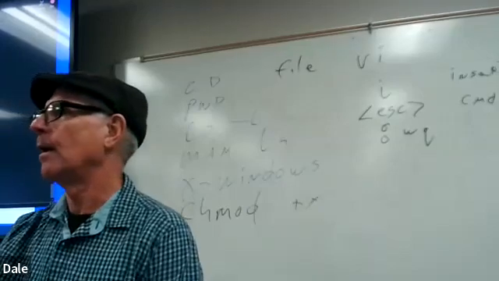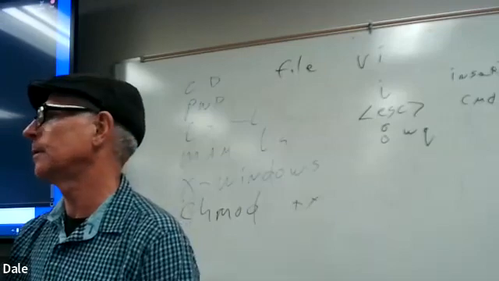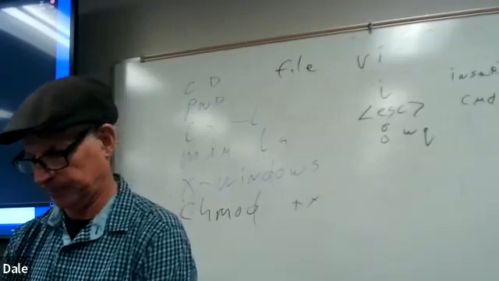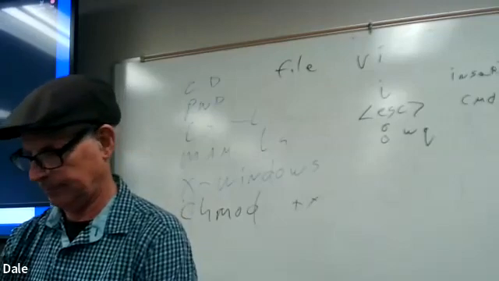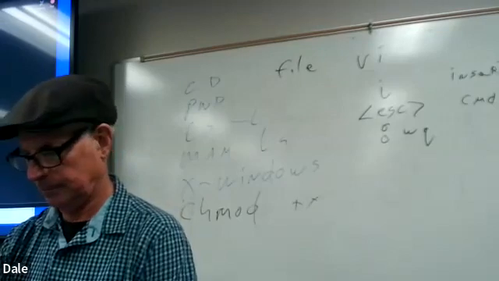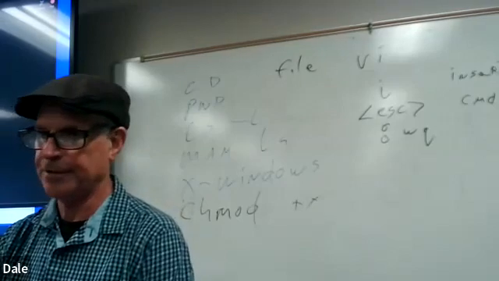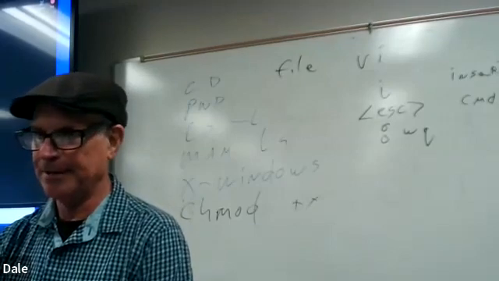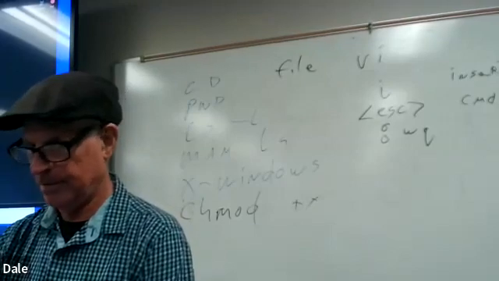All right. What do I need to do to make it executable? chmod plus sign x. All right. There's a lot of fixes in here. And now I run it. Fix home.